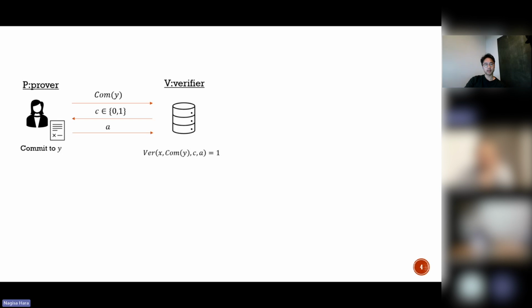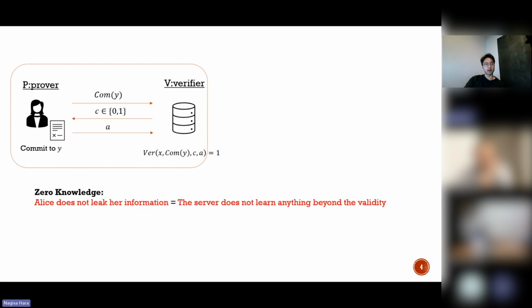And then looking at the transcript, the verifier will decide to reject or accept. In this way, thanks to the commitment scheme, the prover is able to prove whether the given instance is yes or no without leaking the information about the witness.